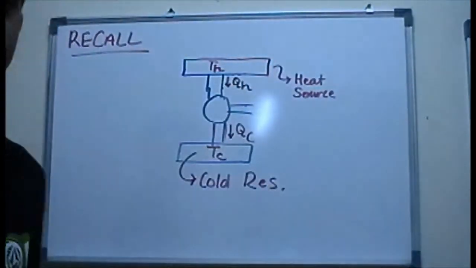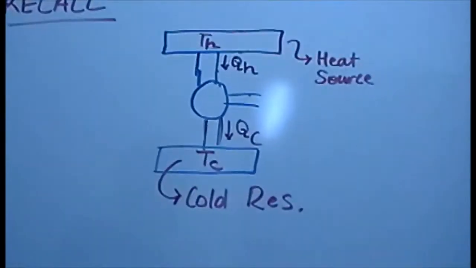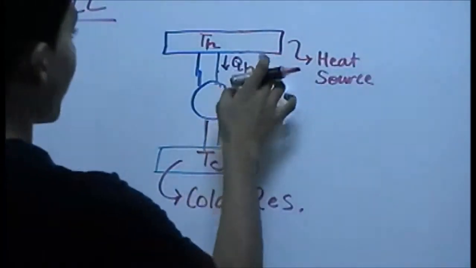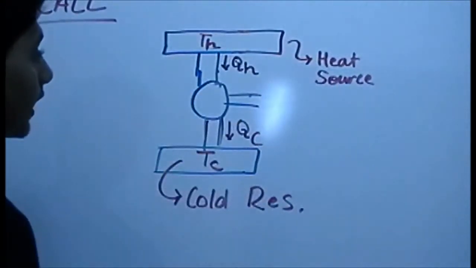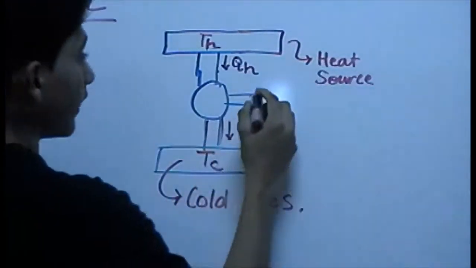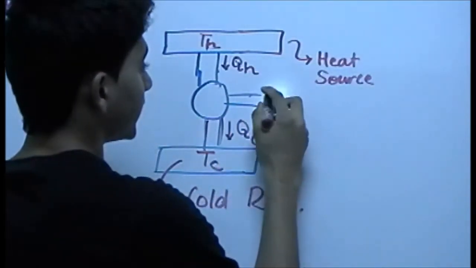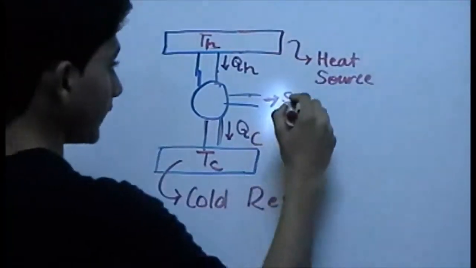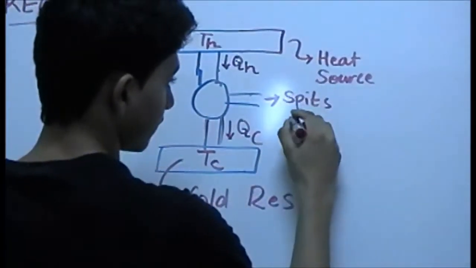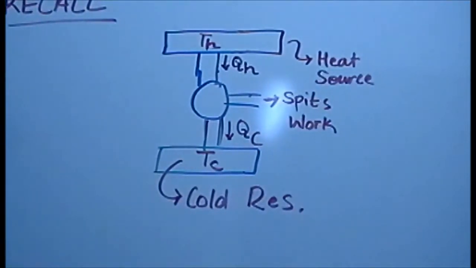What's happening is that when this process happens, let me zoom in so you can see the concepts very clearly. It does some machining work like this, like a steam engine does. You see the pathway over here is spitting out work. We have labeled every single thing, and this is the basic engine.